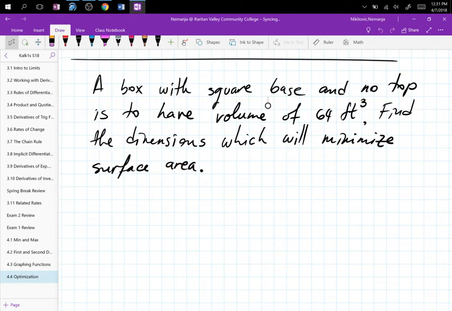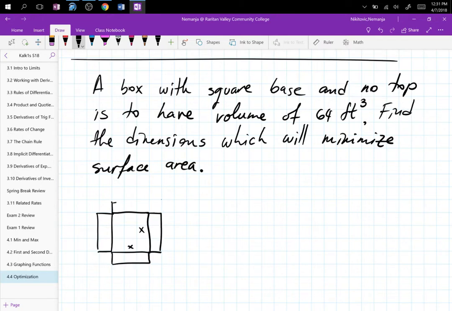So what do we have? We have a box. You all have a concept of the box. We're sitting in a box. This one has a top, but it's a box. Square base. So what am I going to draw? I'm going to draw a bottom, which has X and X. And then I'm going to put rectangular sides, but I'm going to flatten them out like this.